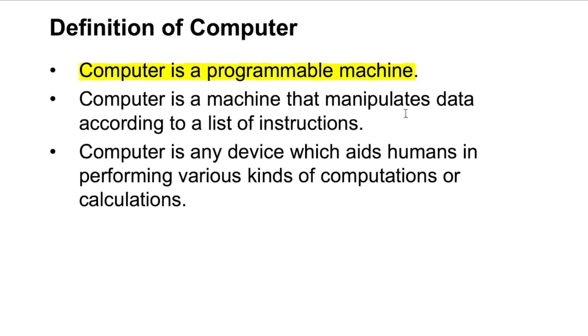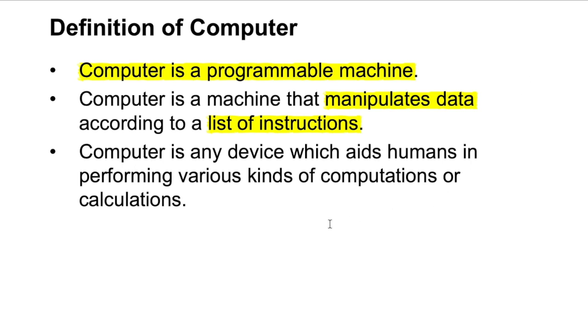The basic idea here is that it has calculating power, and this power can be used as we want with a list of instructions. It's not that it can perform only specific tasks with that computing power. We can define how to use that computing power and utilize it in many different ways. This is basically what a computer is.